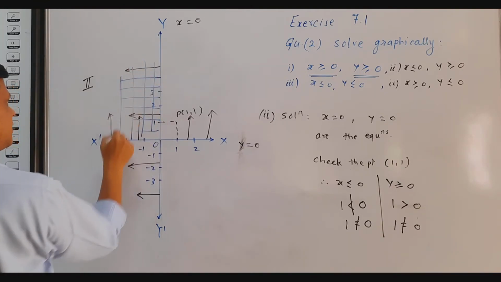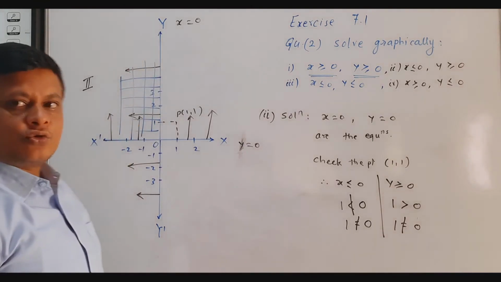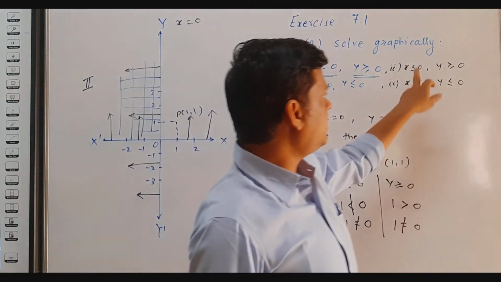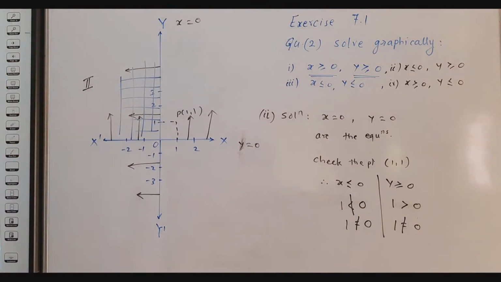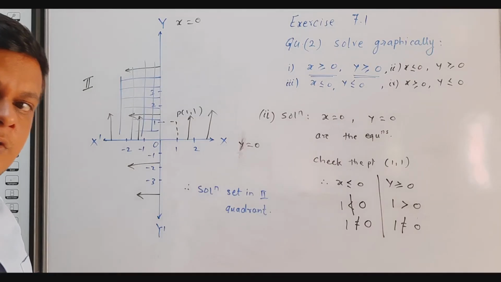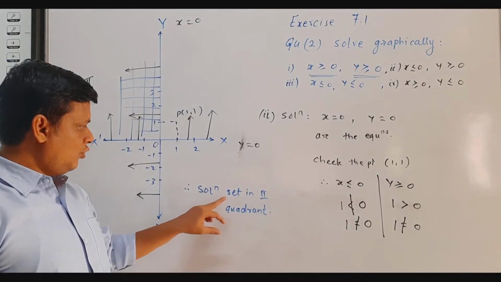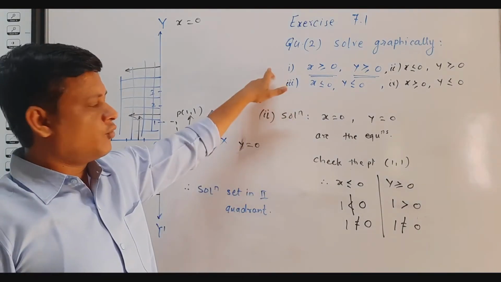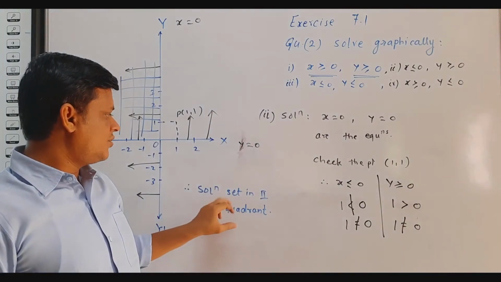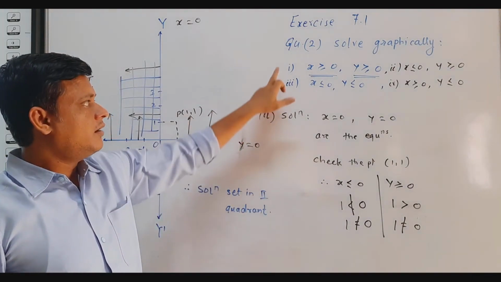So second quadrant is the graphical solution for this inequality x less or equals to 0, y greater or equals to 0. So we write here the solution set in second quadrant. Similarly for first sub question you have to write solution set in first quadrant for first sub question.